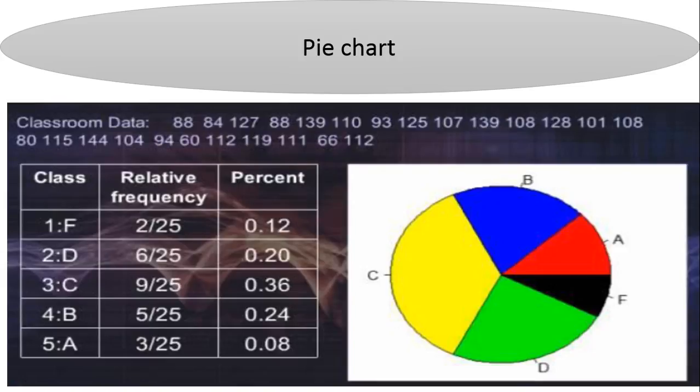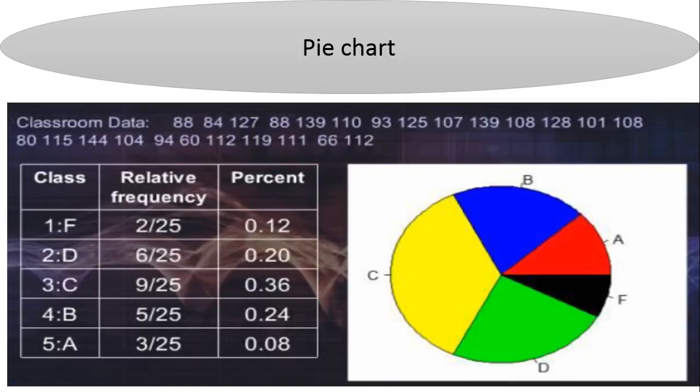You can also look at the classroom data scores. We have different classes A, B, C, D, and F, and for each class a relative frequency, which is the frequency of the class divided by the total number of students that were recorded.